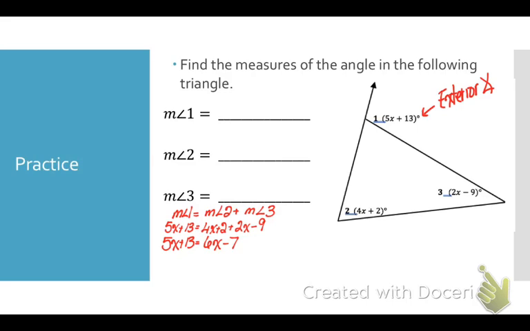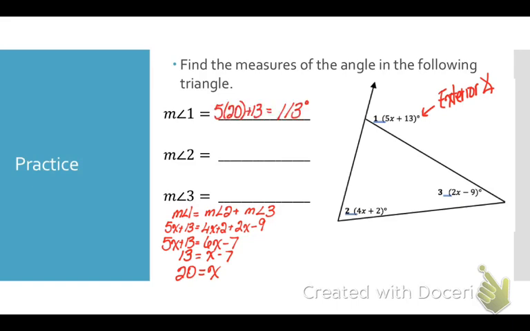I think we were saying that we can't have variables on both sides of an equation. So I'm going to subtract 5x from both sides of that equation, and I'm going to get 13 equals x minus 7. And then I'm going to solve, and I'm going to find that x equals 20. Now, to find the measure of angle 1, 2, and 3, I'm going to have to put that 20 back into the expression for each of those angles.